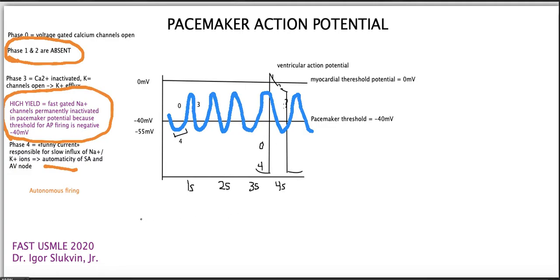One important thing to know is that your SA AV node controls heart rate, and that makes sense because it's the signal for the ventricular myocyte action potential.